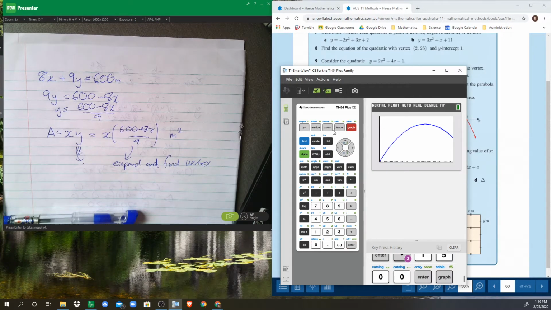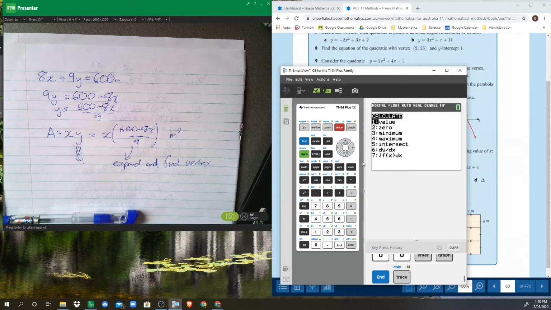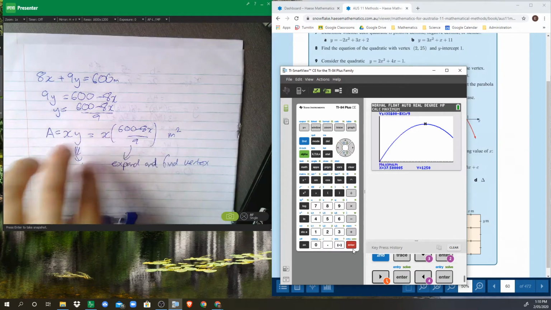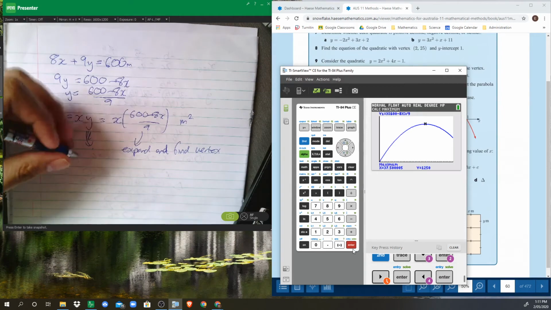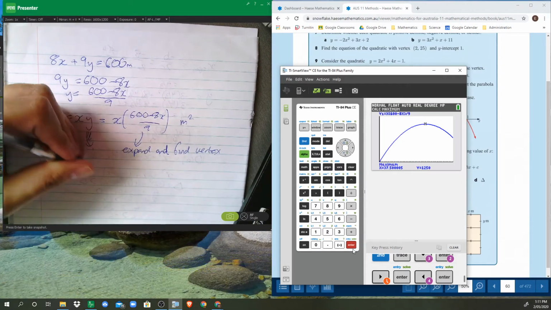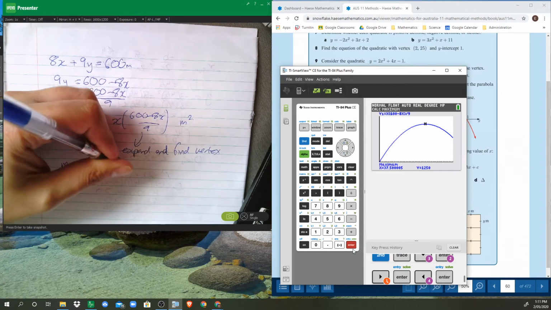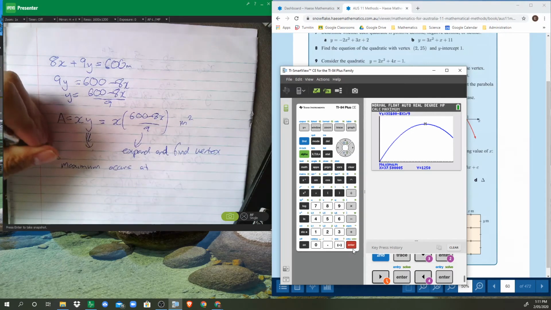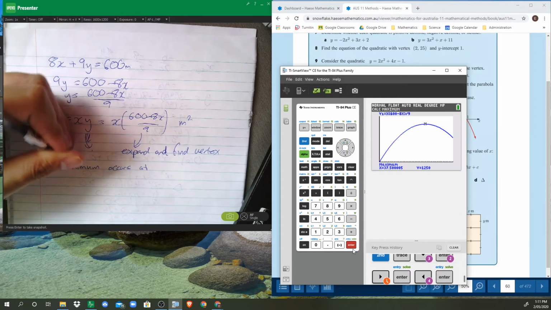Now go into calc, and we're going to find the maximum. Maximum, left bound, a little bit left. Then the other side, right bound, and we'll take a guess. And the maximum is that. So in your answer, say using technology.